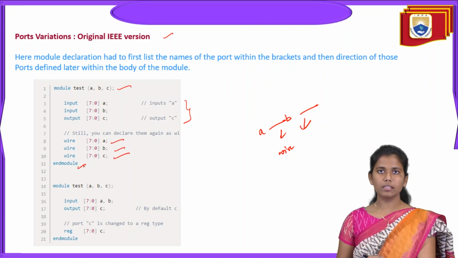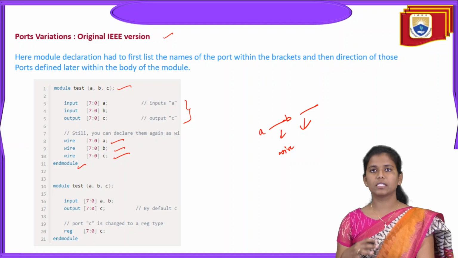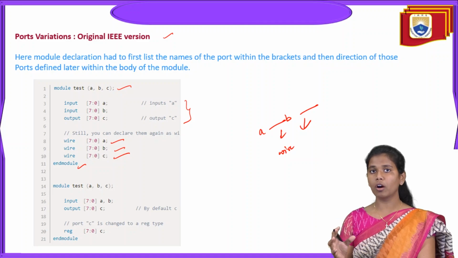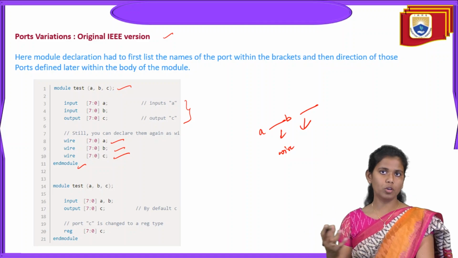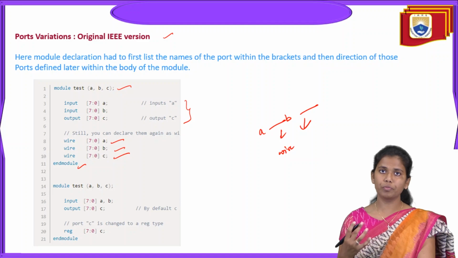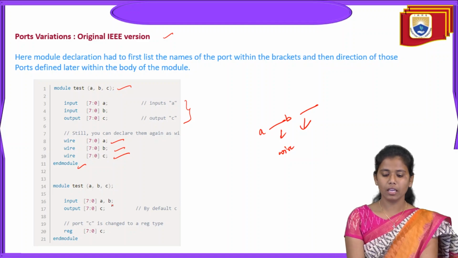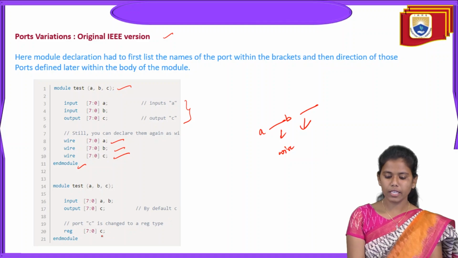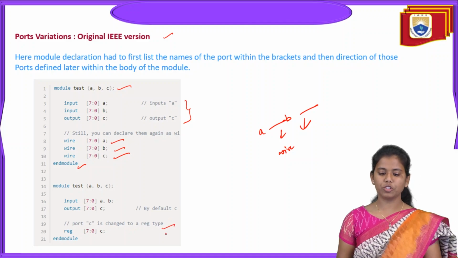Now module test. I'm going to test ABC, to see whether the connections are good or whether any unconnected ports appear. So module test ABC, input A, B and output C. By default, the port C is declared as register type, since obviously the output is stored in a register.